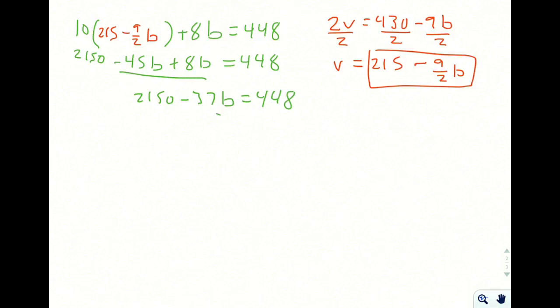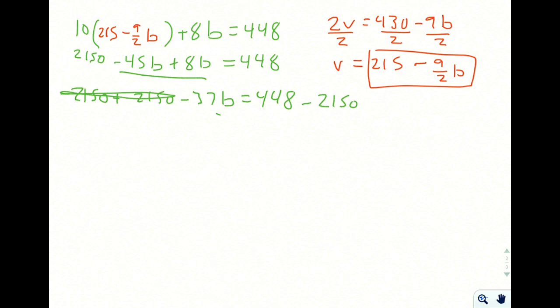Finally, we want to get b alone, so we need to get this 2150 off of both sides, so I add a negative 2150 to both sides, and that cancels those out here. And on this side, 448 minus 2150, this is where you probably want to start taking out the calculator.